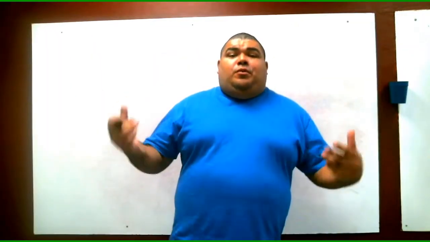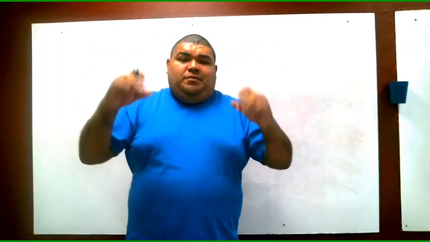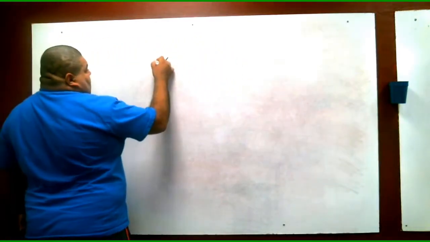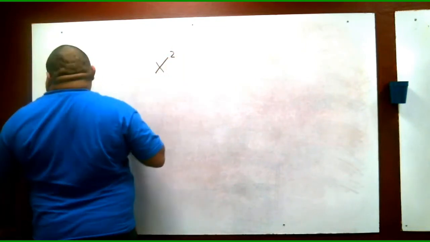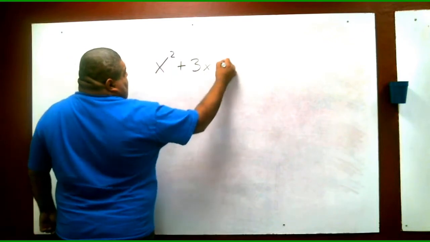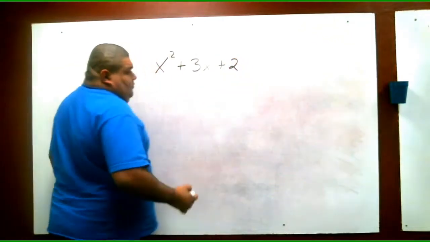All right, guys. So remember, we're just going from quadratic form to the factoring form, which means the parentheses. Your examples for today are x squared plus 3x plus 2.